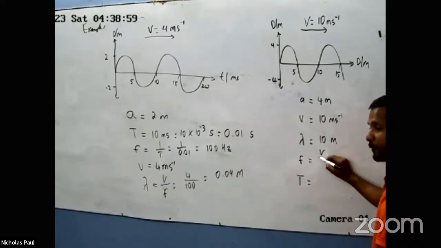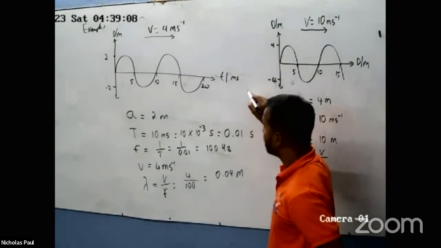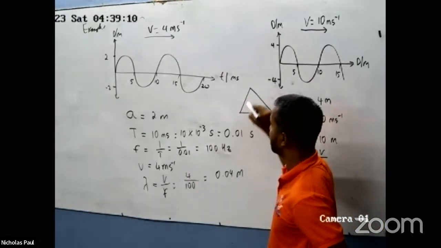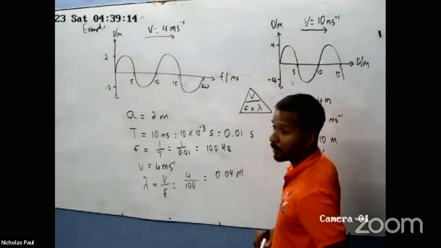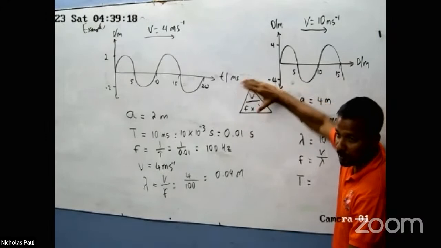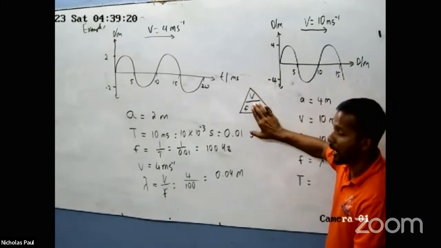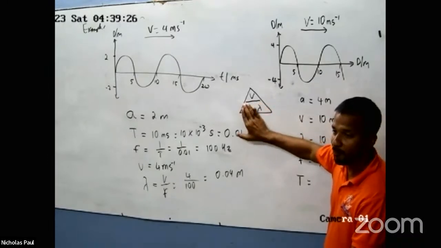So you got speed over lambda. People who are bad at making the subject of the formula can do this: speed is equal to F multiplied by lambda. So if you want to make speed the subject, F times lambda. If you want to make lambda the subject, V over F. If you want to make F the subject, V over lambda.